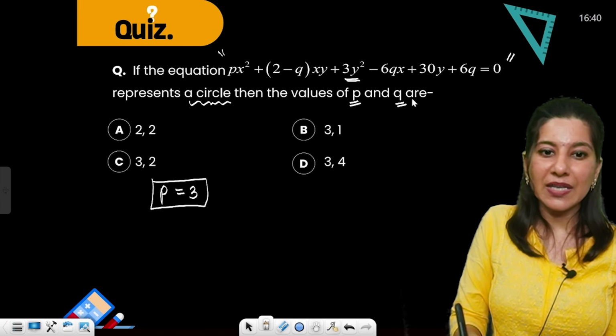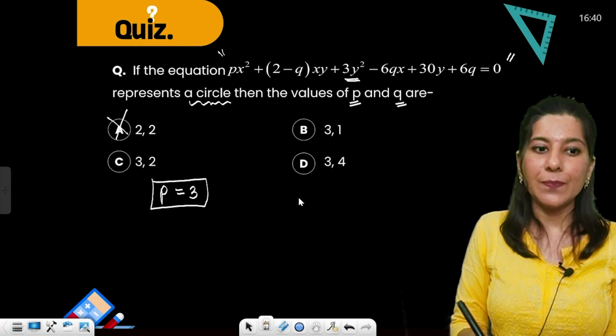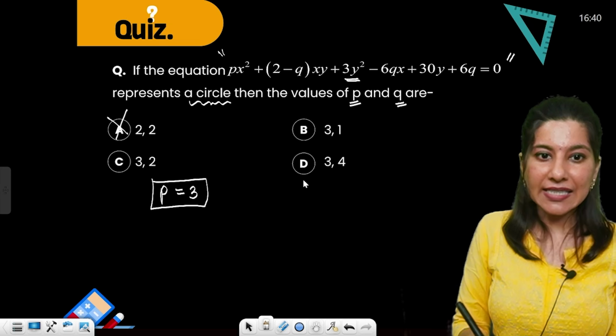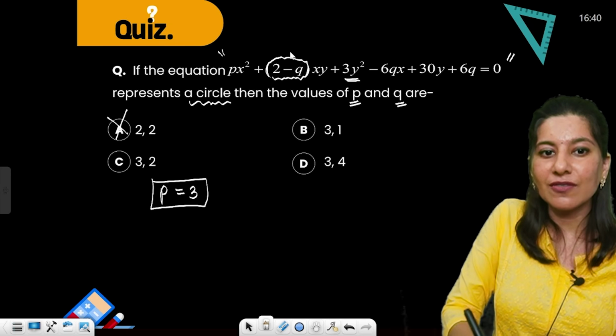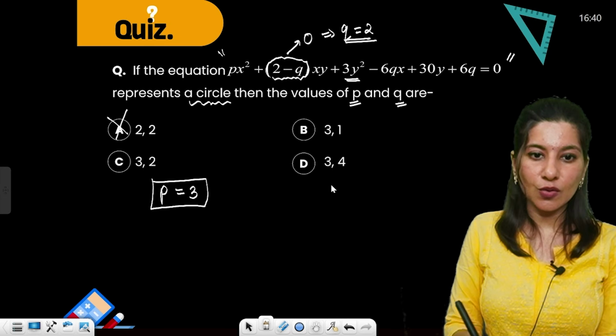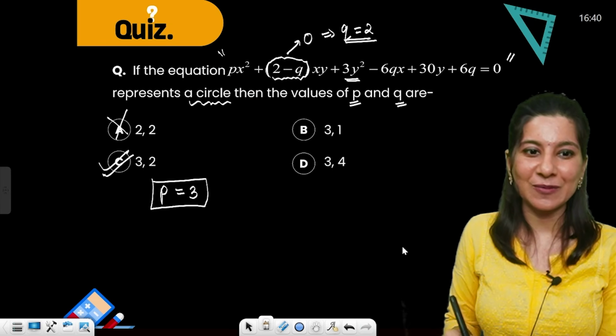So values of p and q, if they are asking, option A is absolutely rejected. B, C and D is what we need to consider. Next thing is that coefficient of xy should be 0. So this will be 0. If this is 0, that means q is coming out as 2. So p 3, q 2, that is 3, 2, option C is absolutely correct.